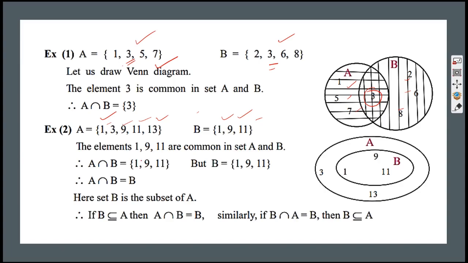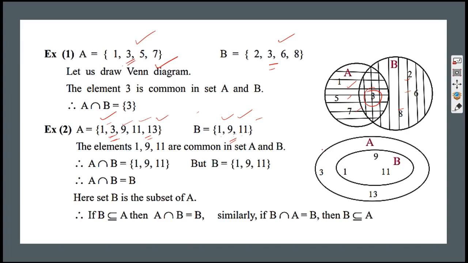We can represent the Venn diagram in this case in a different way. A is a set having 5 elements and B is a set having 3 elements, and all the elements of B, 1, 9, 11, are there in A.